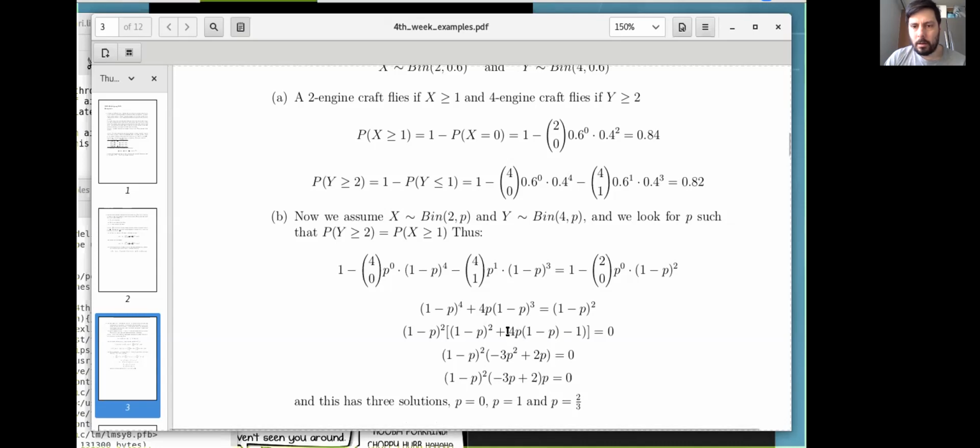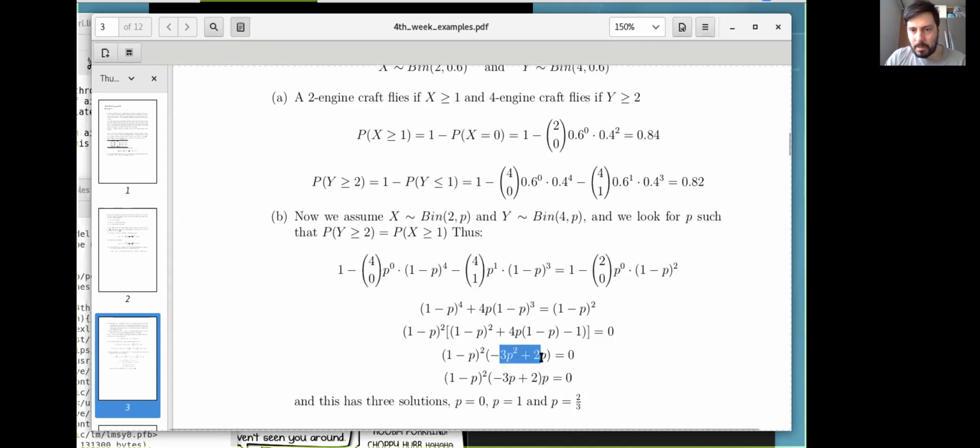And then this comes out at 4P minus 4P squared. So that results in minus 3P squared, because here was the P squared and here the 4P squared. So minus 3P squared, and here plus 4P and here the minus 2P, and that results in 2P.